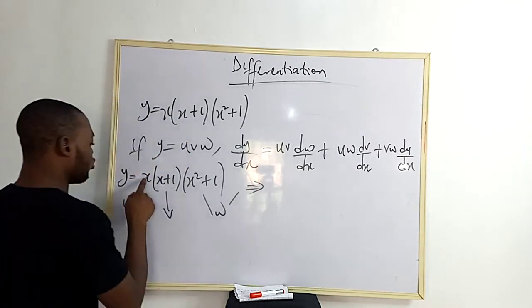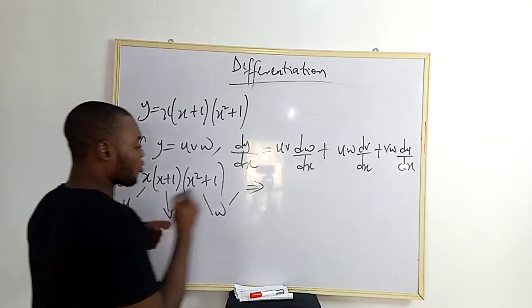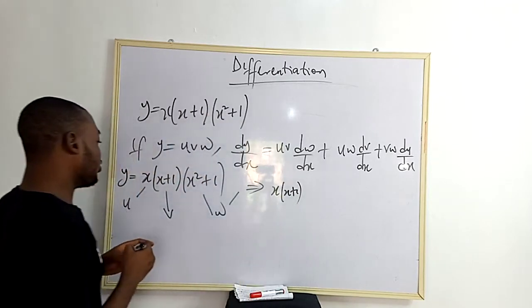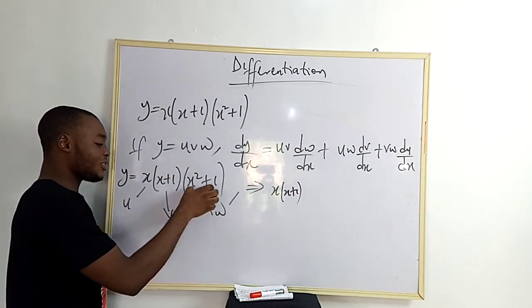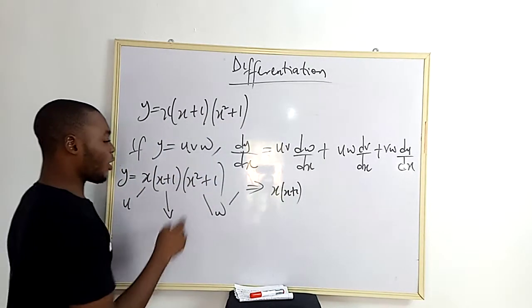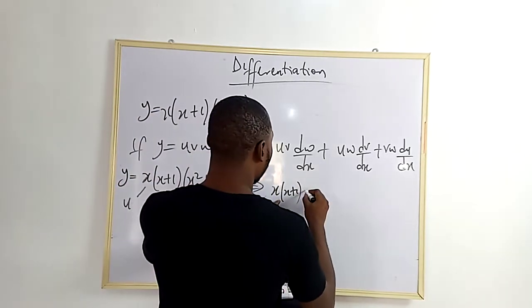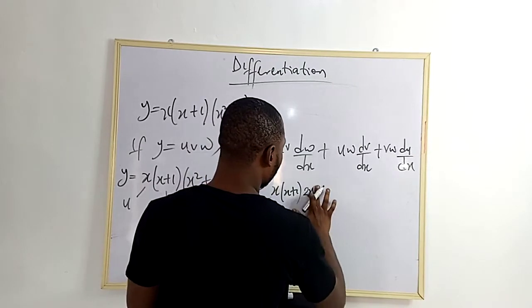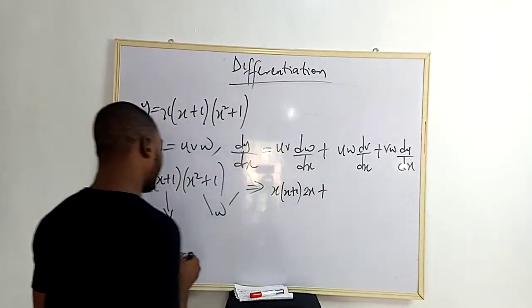If this is our u and this is our v, you pick the first two, uv, x into bracket x plus 1, the dw/dx. So that means you're going to differentiate this. The derivative of x squared is 2x, plus the derivative of 1 is 0.